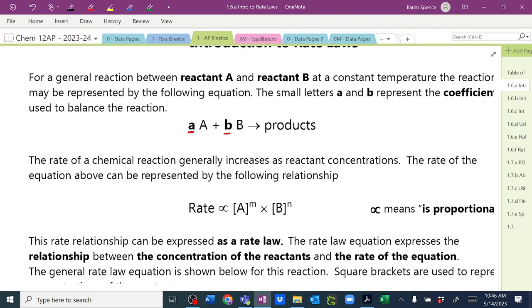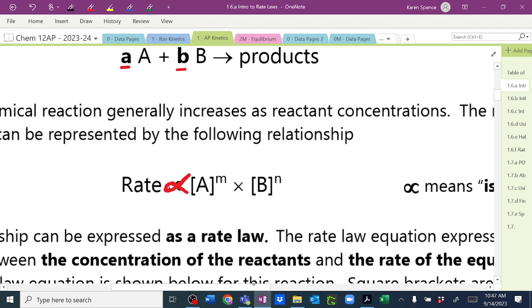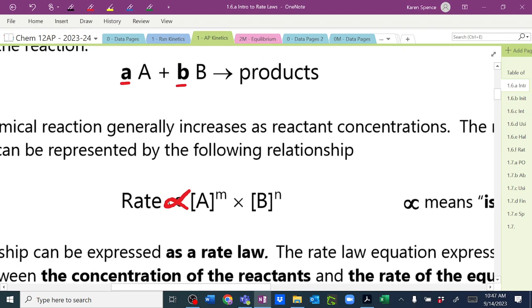Okay? So rate is proportional to A to the m, so the concentration of substance A to the power of m, and B to the n. So rate is proportional to concentration of A raised to some power.